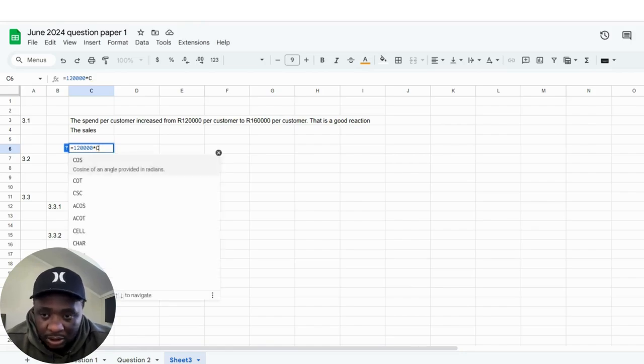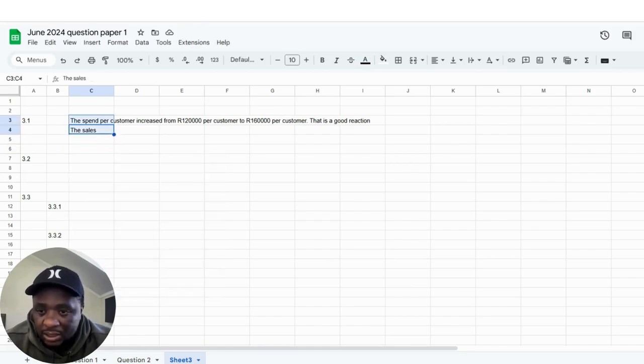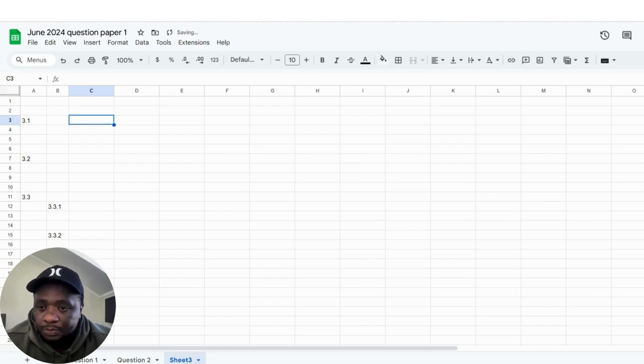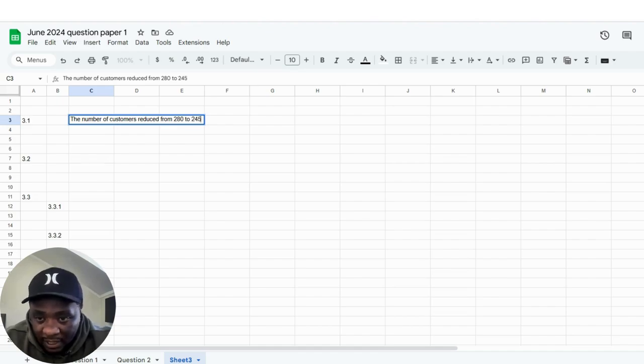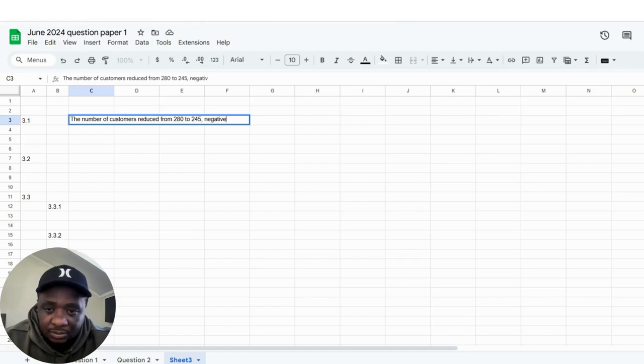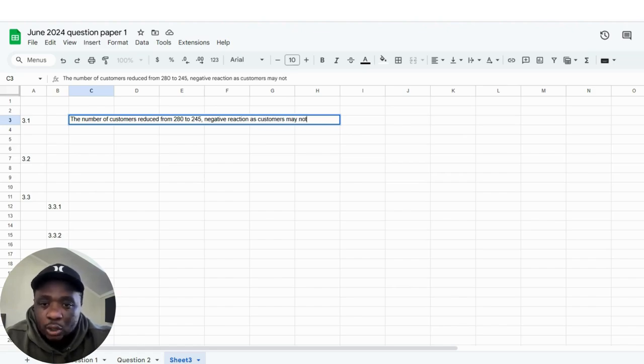So let me just erase some of this. So we're going to say that the number of customers reduced from 280 to 245, negative reaction, as some customers may not afford a higher price.